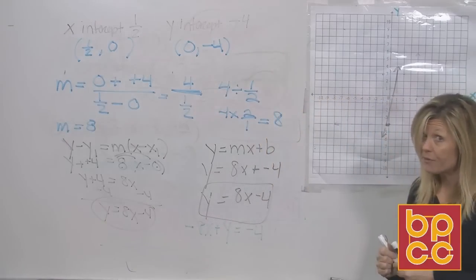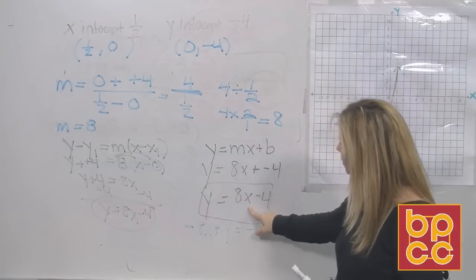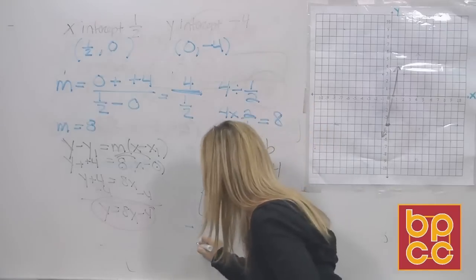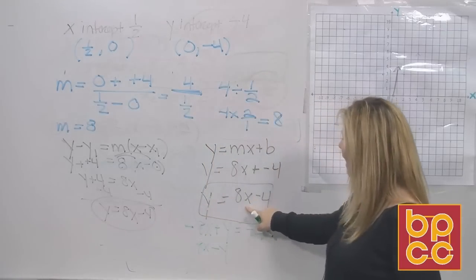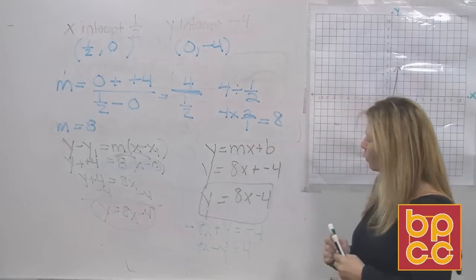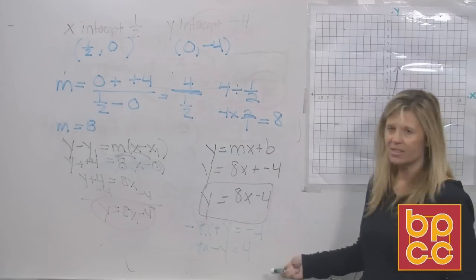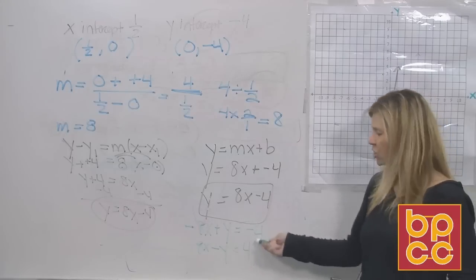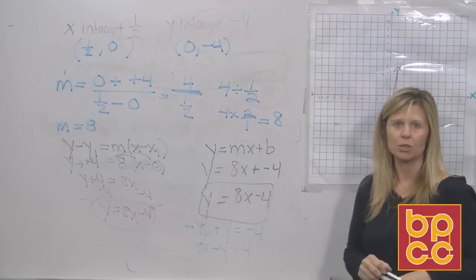If you want to be difficult and you want to move the y to the right, then it would be 8x minus y. But if you move the y to the right, the 4 has got to move over and it would become positive 4. So it doesn't matter which equation you write in standard form, they're the same equation. They're just with their signs changed, depending on which side you move the terms to.